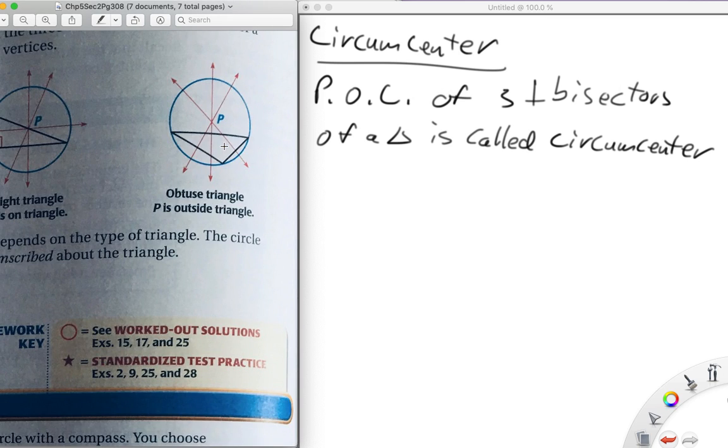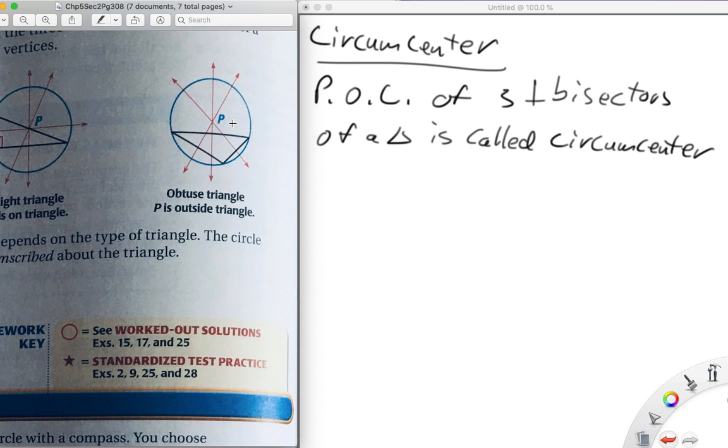When we have an obtuse triangle, the point of concurrency is outside of the triangle. Again, a radius of the circle. This line is the perpendicular bisector of this side, this line is the perpendicular bisector of this side, and this line is the perpendicular bisector of that side. And as you draw the lines through the circle, they meet on the outside.